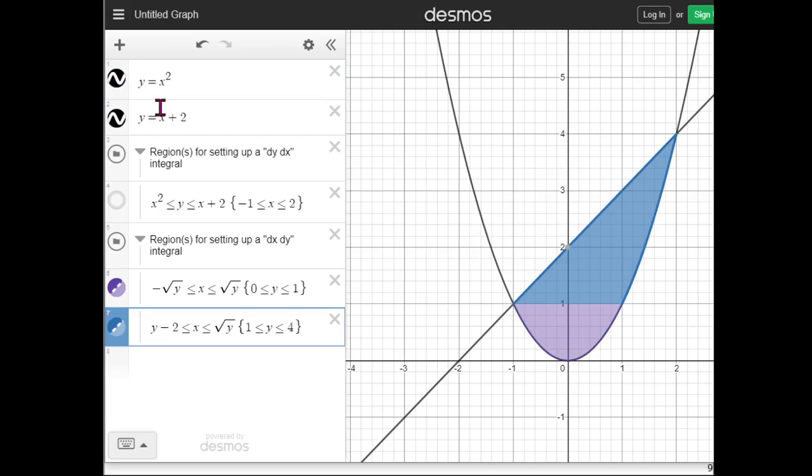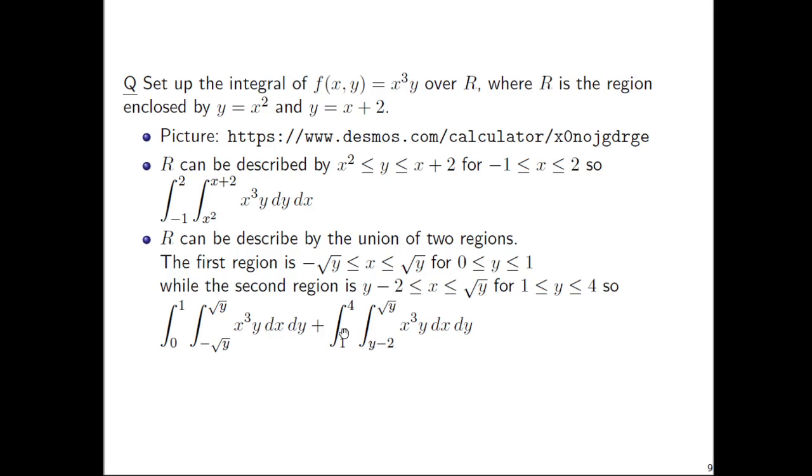So we had to solve for x in y equals x plus 2, so x is equal to y minus 2, and that's what is down here. So it's just a matter, I guess, of which is easier. Would you rather do this one double integral, or would you rather work on the sum of two separate double integrals?